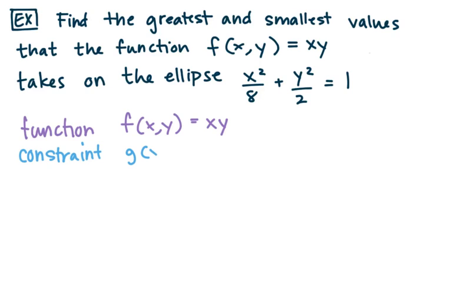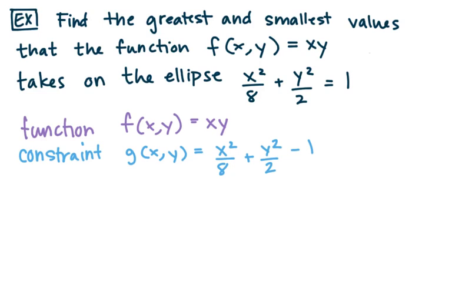So g of xy equals x squared over 8 plus y squared over 2 minus 1. We've got to make that equal to 0, which means I needed to move that constant over. So we are restricted as these maximum and minimum values need to occur on the ellipse. In order to solve this problem, we're going to use our method of Lagrange multipliers.